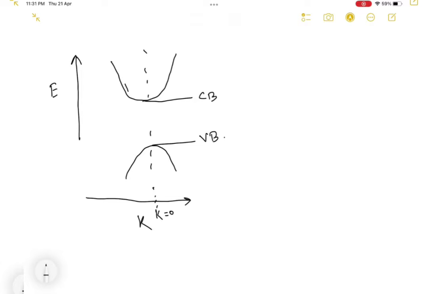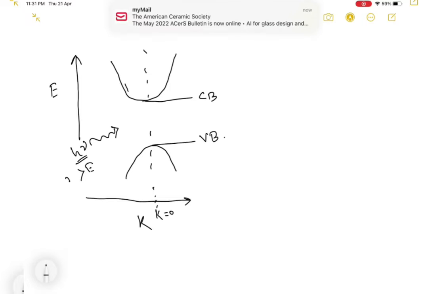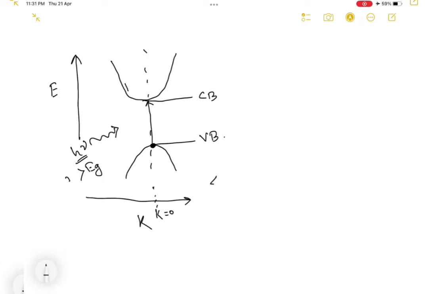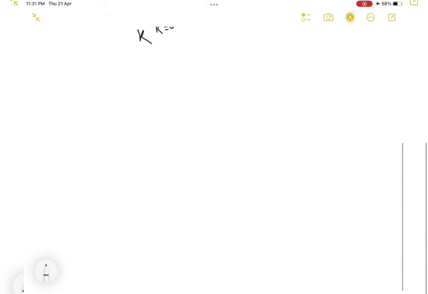So if the surface is now irradiated with the energy h nu and h nu greater than the band gap, that is Eg, then electron on the top of the valence band will be transferred to the conduction band. In this case, del K equal to 0. So this is direct band gap semiconductor. There is no change of momentum of the electron.